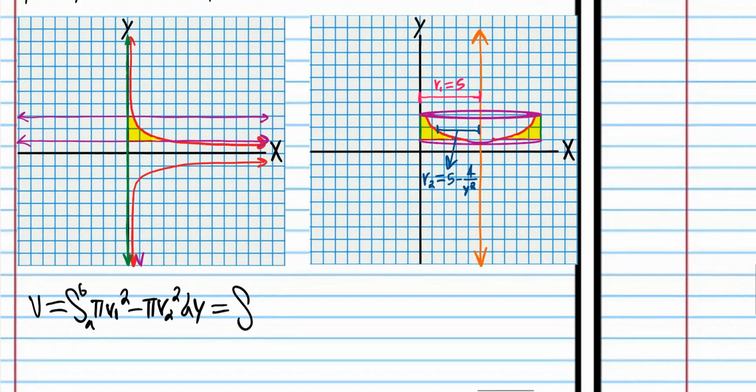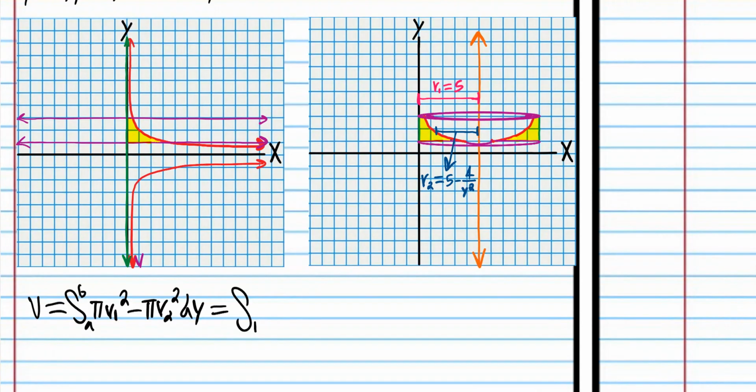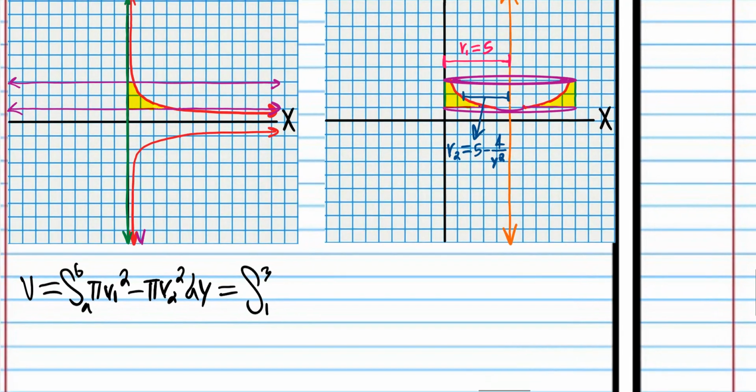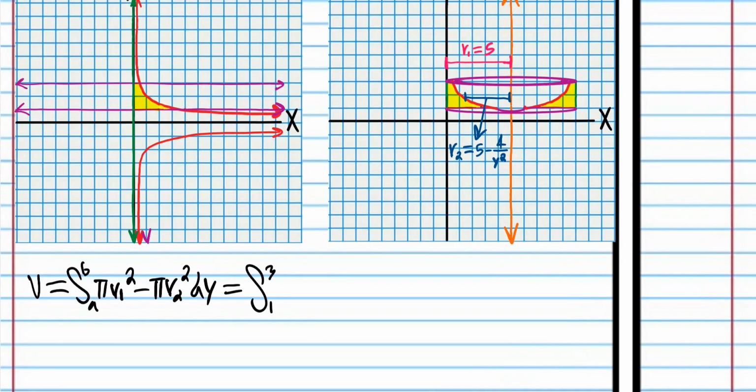So we're integrating from y equals 1 to y equals 3. Again, these limits of integration, these blue limits of integration, are y values, not x values. And so the area of the bigger circles, that's pretty easy. The radius is going to be constant. It's just going to be 5.